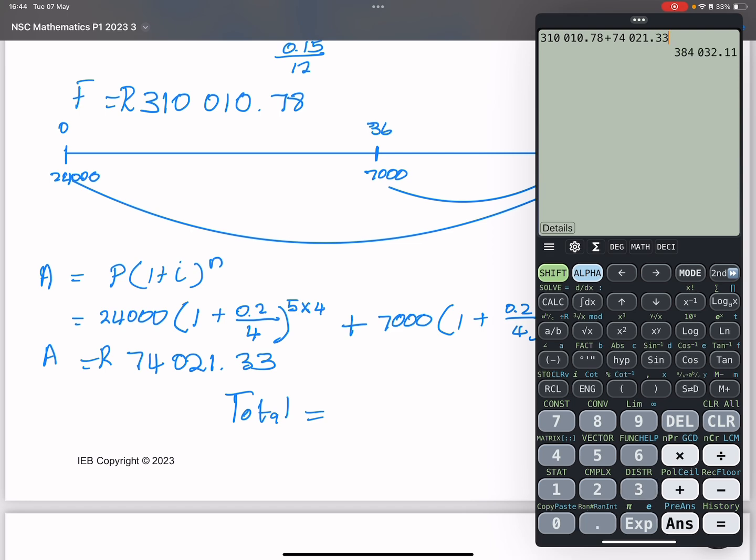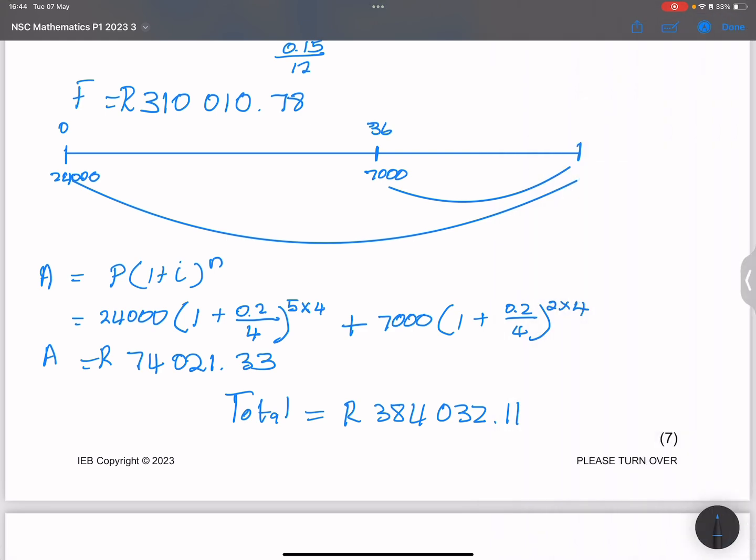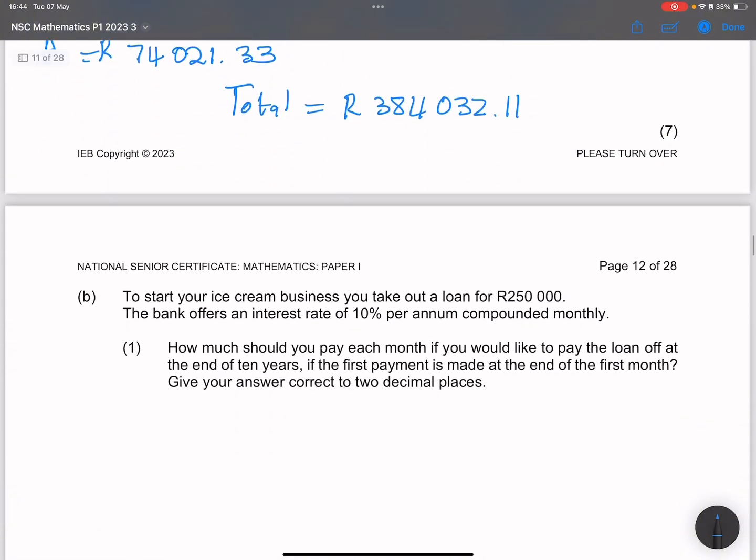And I get an amount of 384,032 and 11 cents. So that is how I was going to do that question. Let's go on to the next one.